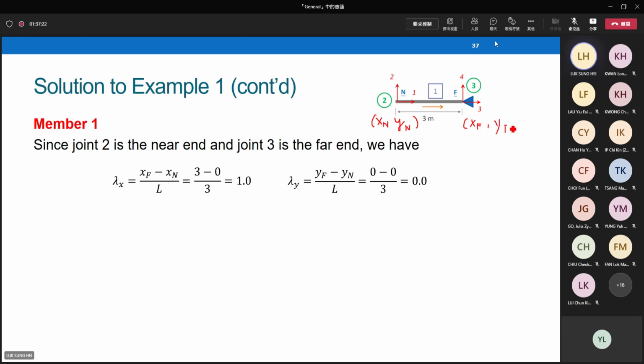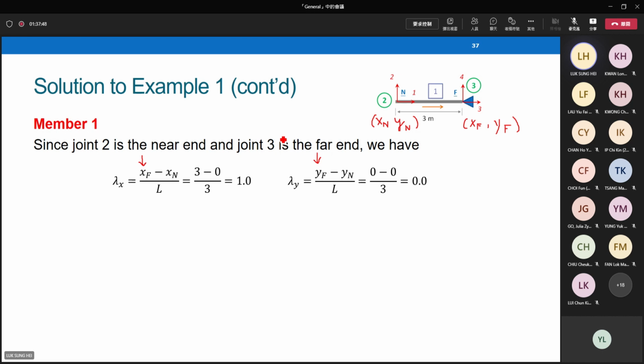It's quite difficult to pronounce. And you can see that when you calculate lambda, when you calculate direction cosine, we use the coordinate at node F minus the coordinate at node N. When you calculate lambda x, we use xf minus xn. When you calculate lambda y, we use yf minus yn.